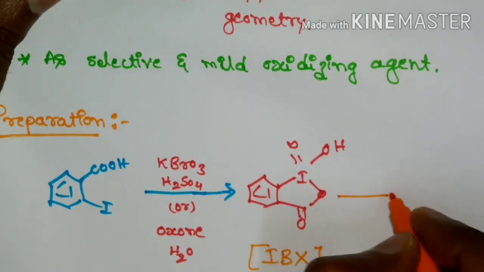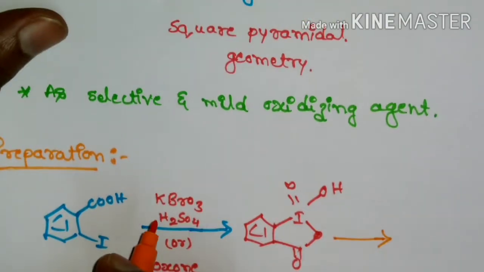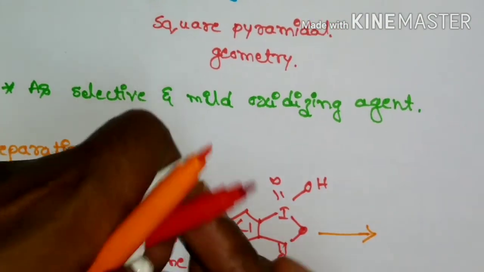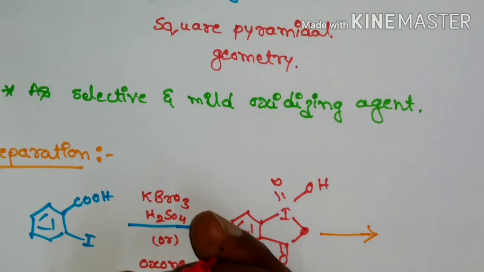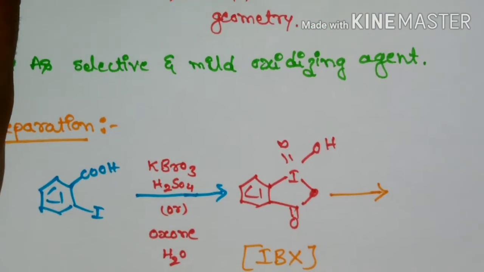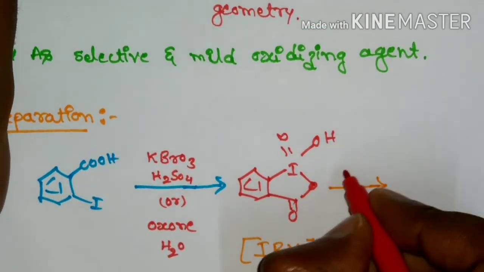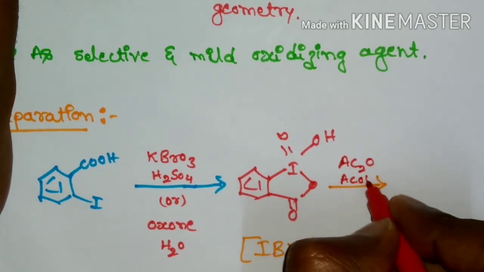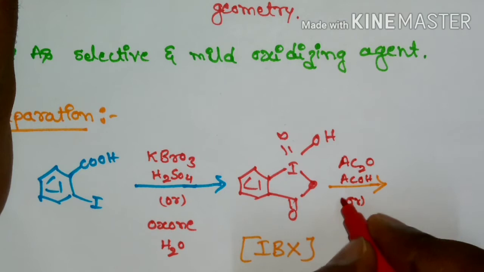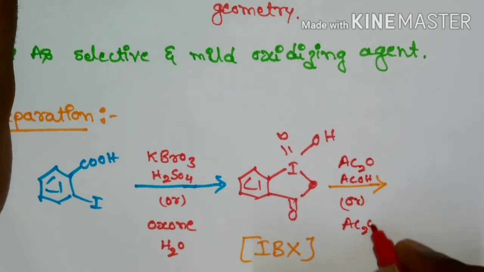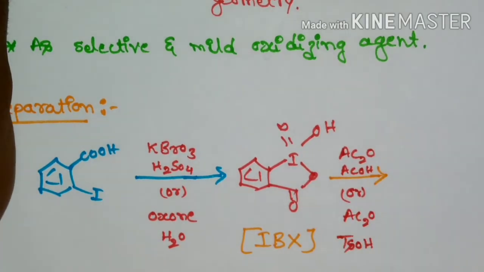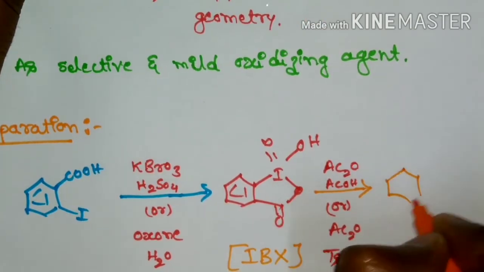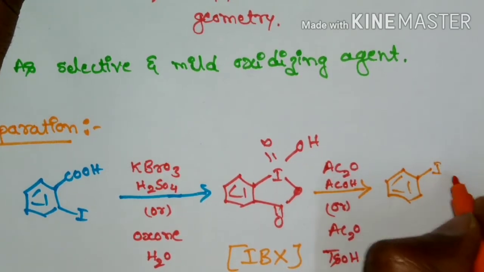Further, this iodoxybenzoic acid, upon treatment with acetic acid and acetic anhydride, or acetic anhydride and tosylic acid, will give Dess-Martin periodinane.